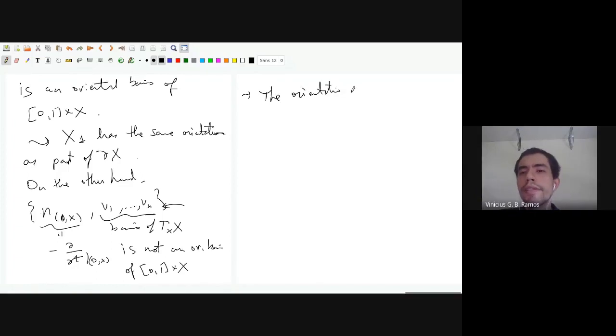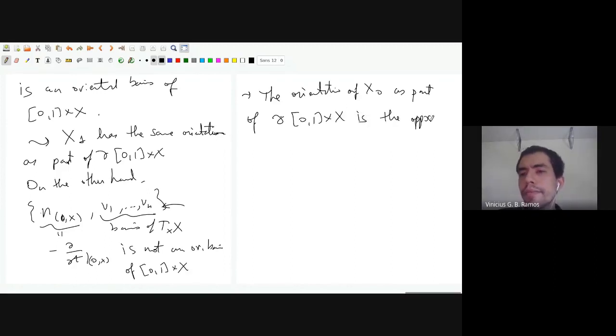The orientation of x0 as part of the boundary, sorry, not part of the boundary of x, part of the boundary of [0,1] times x, is the opposite of its natural orientation as a product, right?